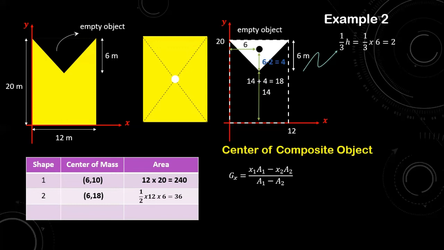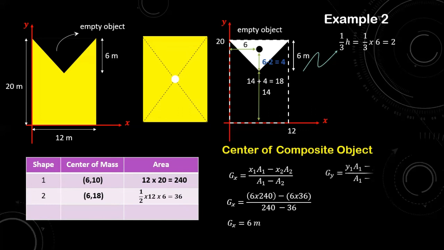Because the triangle is the empty object. So gx is 6 times 240 minus 6 times 36, divided by 240 minus 36. Once again, we have to put minus because the triangle is the empty object. So finally, we found gx is 6 meters.